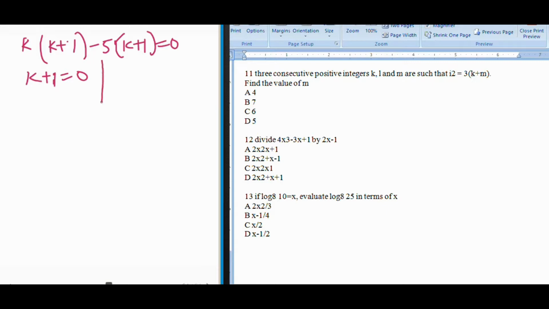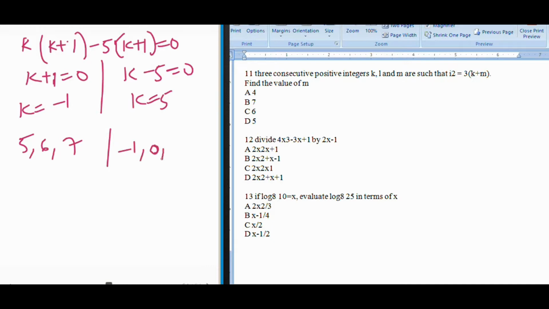Now the question is, we are asked to get the value of M. Now if you look at what we are given, K, I and M are now 5, 6, and 7, or minus 1, 0, and 1. It depends on what they use in the options. And I think the option here is 7, which means they do not look at the side of K equals minus 1. But have it at the back of your mind that in another question, that might be all they want to see.